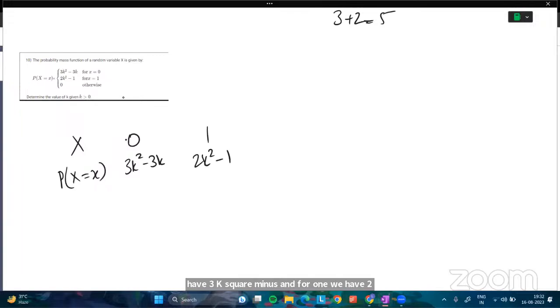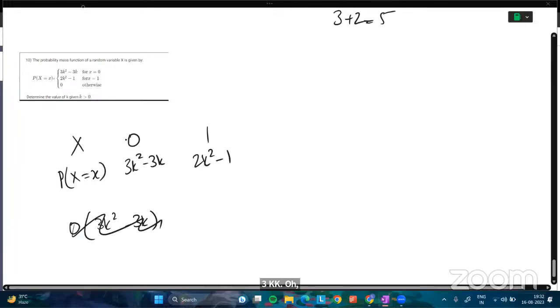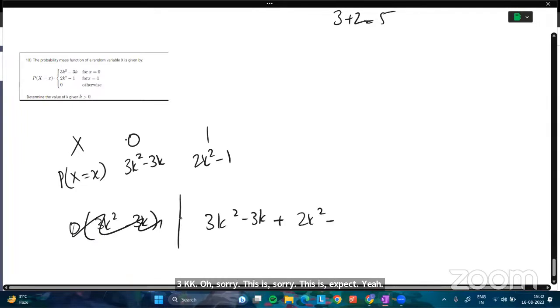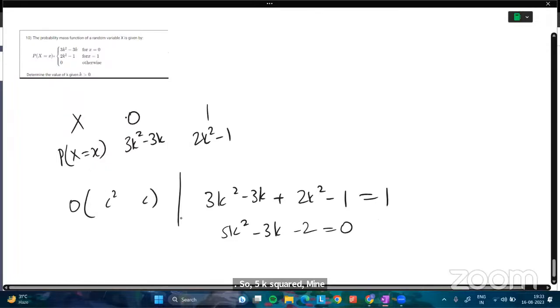So the way that we would solve this question, yes, you did use the correct method. The probabilities must sum to 1, so 3k square minus 3k plus 2k square minus 1 is equal to 1. So 5k square minus 3k minus 2 is equal to 0.